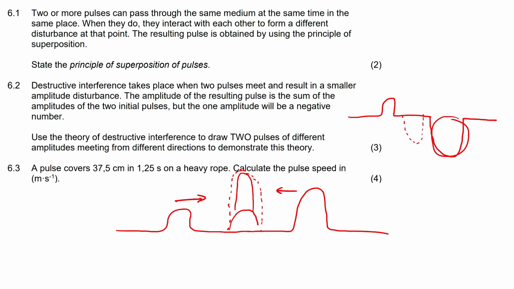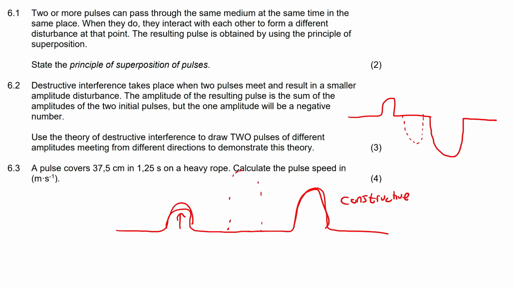Because it would be this one minus that one. Now when they both are on the same side, both above, and they meet and combine, it becomes bigger. That is called constructive interference. And when they meet each other on opposite sides, we call that destructive interference.